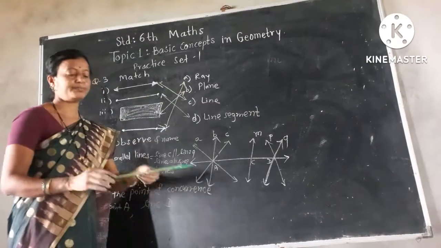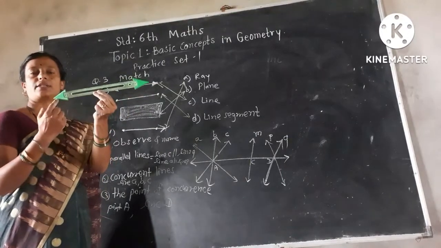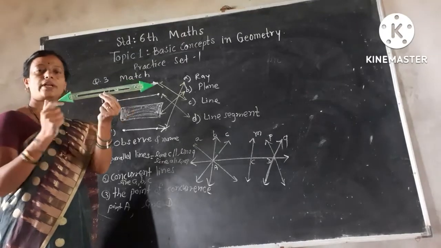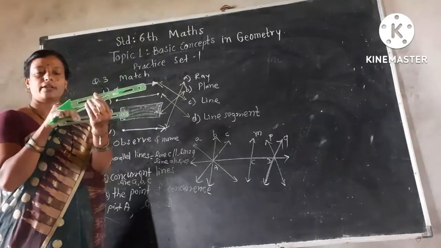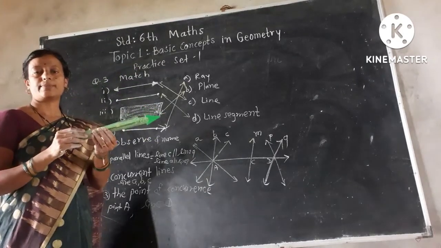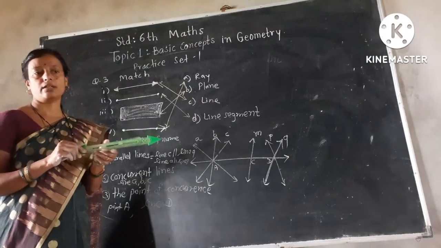Now we see a line, extended on both ends, so there are arrowheads in both directions. Line segment, ray, line, these are the basic concepts in geometry. Thank you.